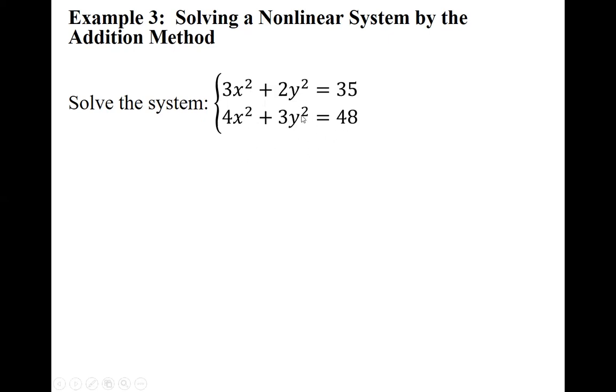We can line those up. Therefore, we could use the addition method. We're going to have to multiply both equations by a number here to be able to use the addition method or the elimination method, whatever you want to call it.